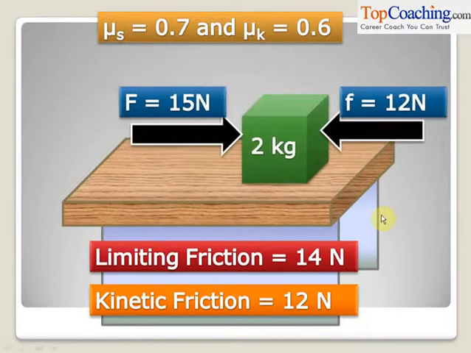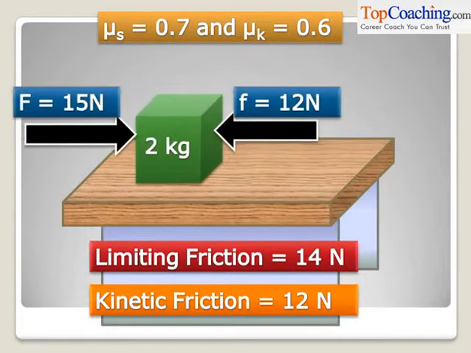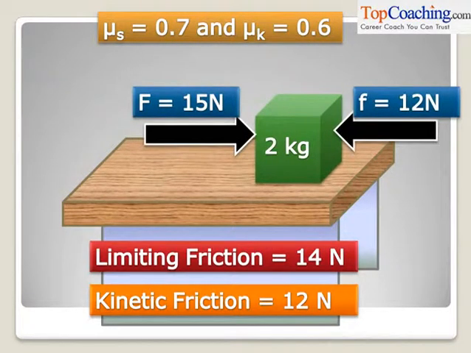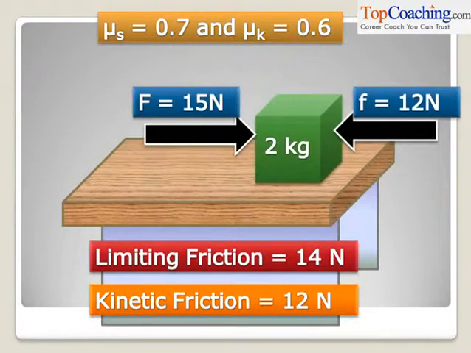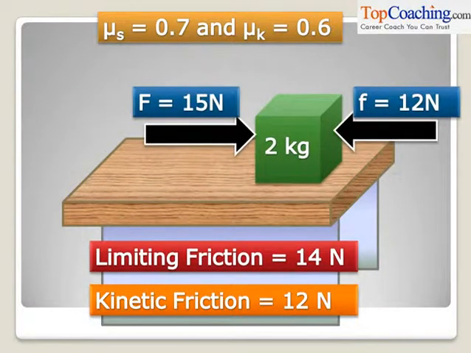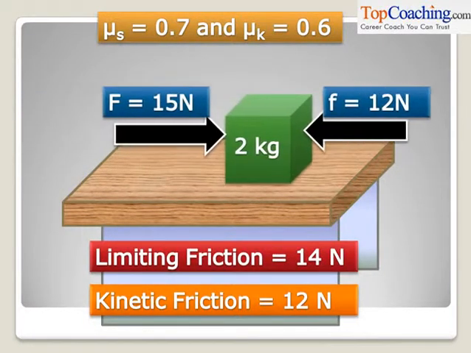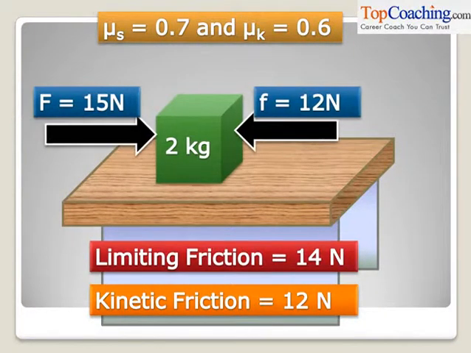But when the block moves, a force of 12 Newton acts on the block. Understood? Note that a force of 14 Newton won't act on the block because once the block starts moving, the friction force decreases from 14 Newton to 12 Newton and kinetic friction starts acting on the block. So there you go. We have exactly understood what happens and how friction force starts acting on a block.